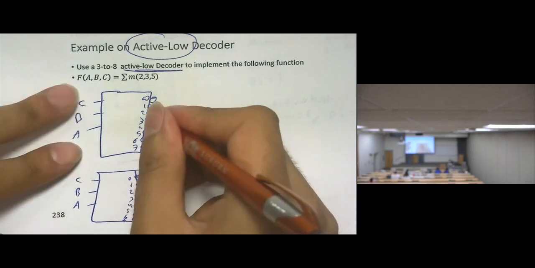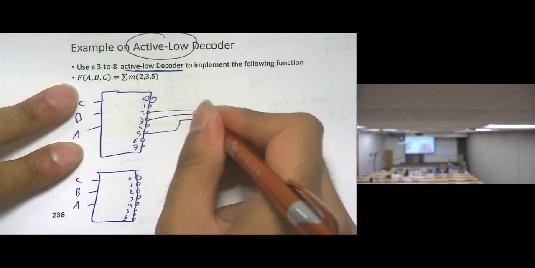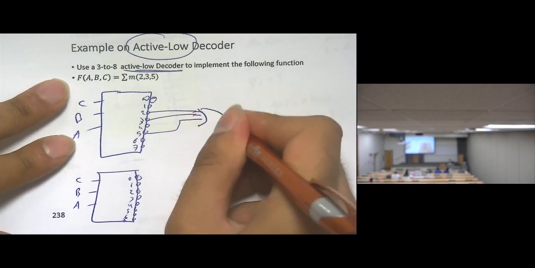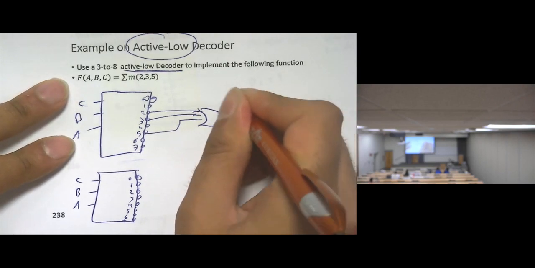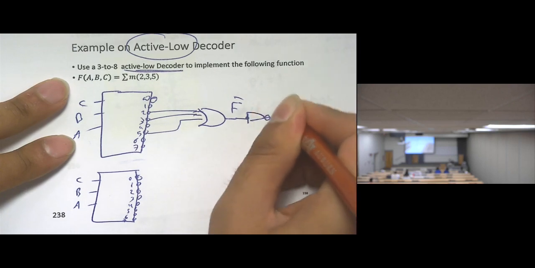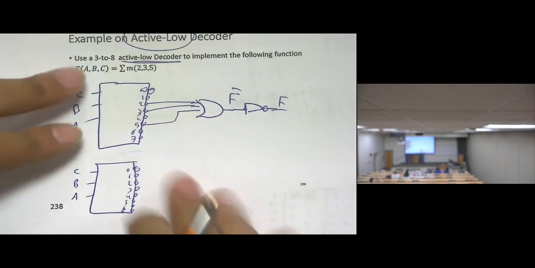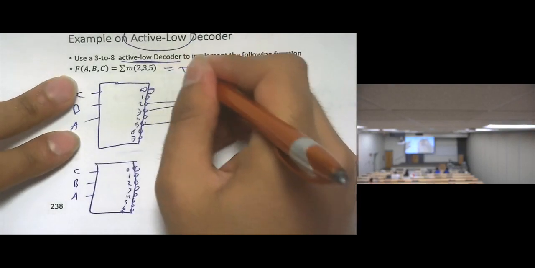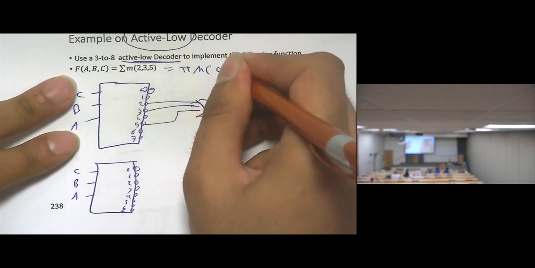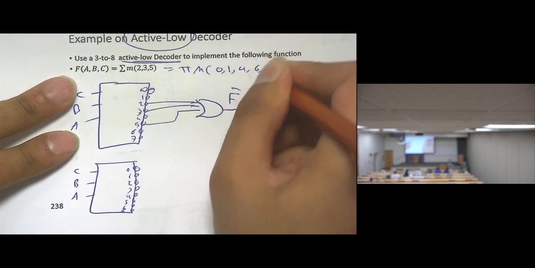2, 3, and 5, right? Then make them ORing. This is F prime. Make the NOT or the inverter. This is F, right? Another way, convert this to pi, product of sum. So 0, 1, 2, 3, 4, 5, 6, 7.